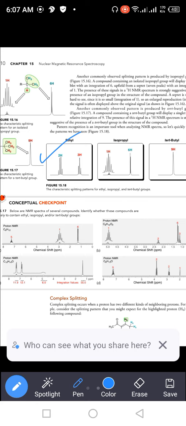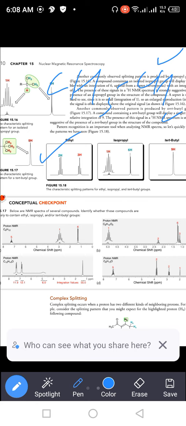If we draw the structure of ethyl having CH3 and CH2, we know that in proton NMR, when we talk about CH3, 3 protons, it means these 3 protons will be split by the 2 neighboring protons. So the neighboring proton splitting pattern is observed with respect to CH3.